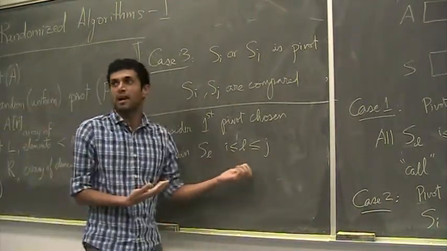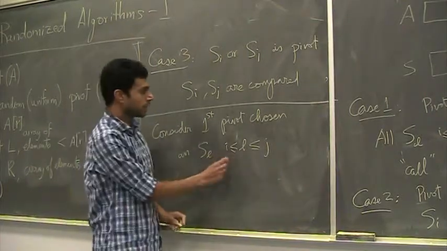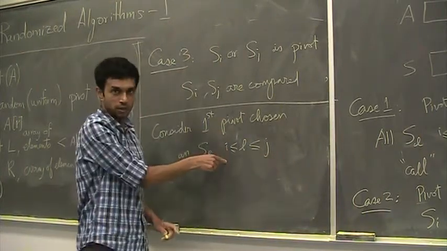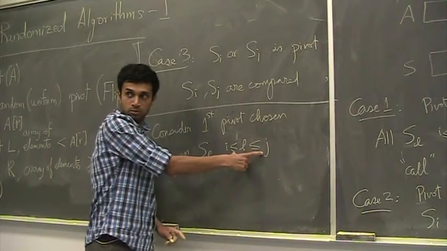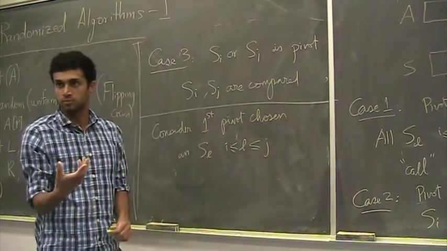The pivot is chosen randomly. It doesn't prefer any one element over the other. So the probability that either Si or Sj is chosen as the first pivot is the two choices divided by the total number of choices, which is j minus i plus 1.